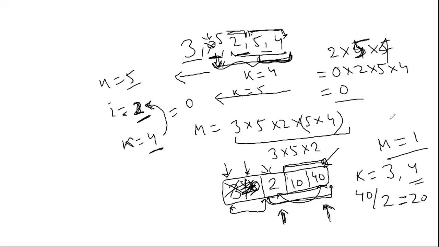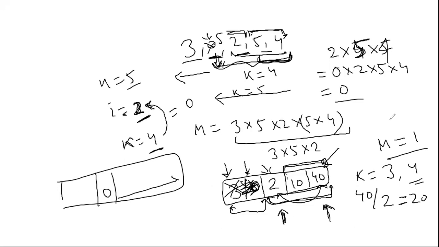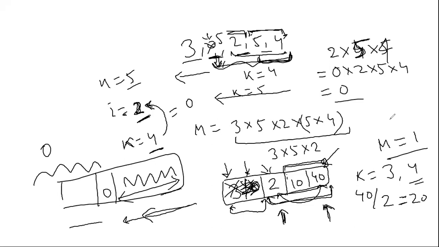Why are you resetting? Because if I got a 0 at any index, like here, and suppose there was no 0 in this area, all these are good for us. Anything from here till the end, I know that it will be 0 no matter what, because our multiplication starts in this direction. It cannot exclude these guys, right? But anything after this has to become 0 because of this guy.